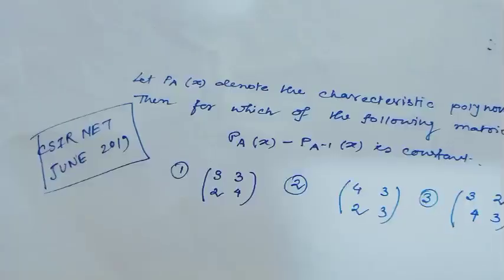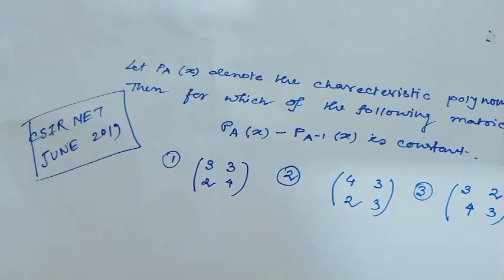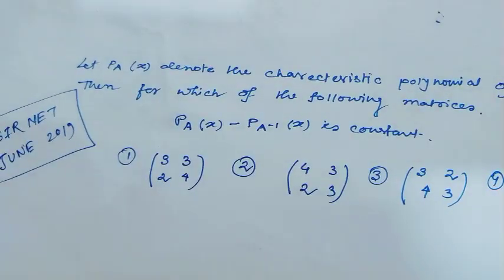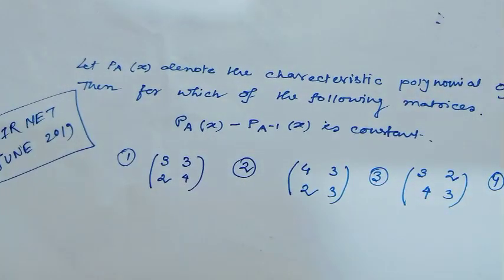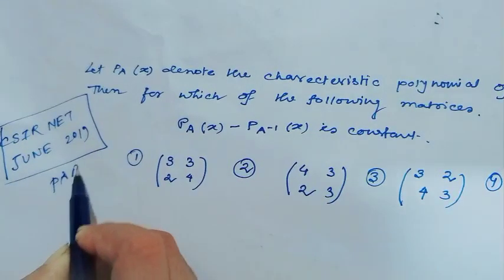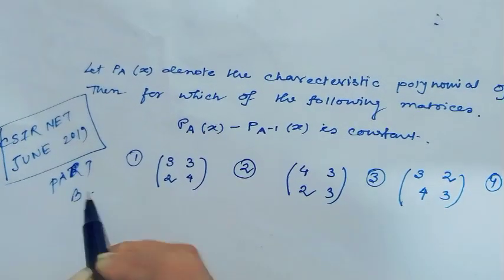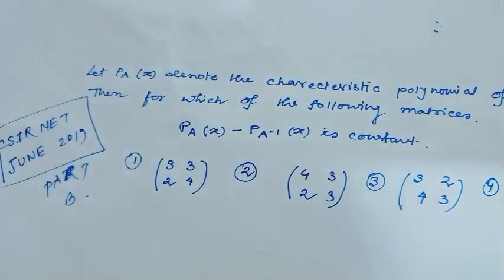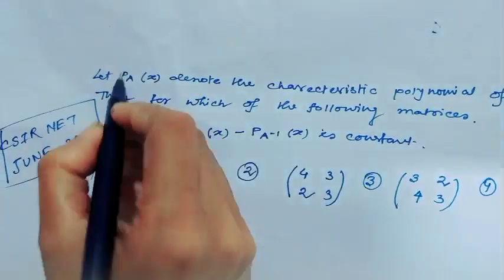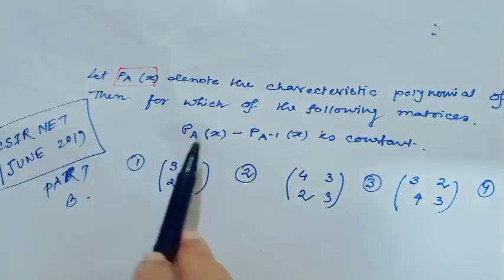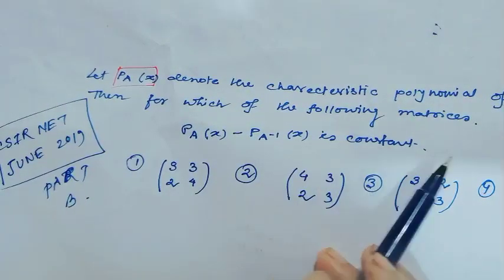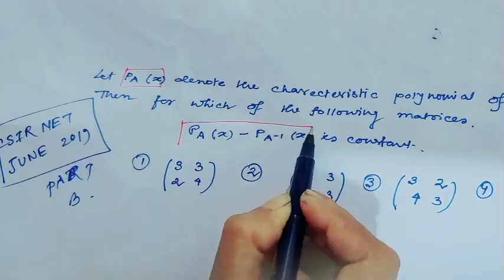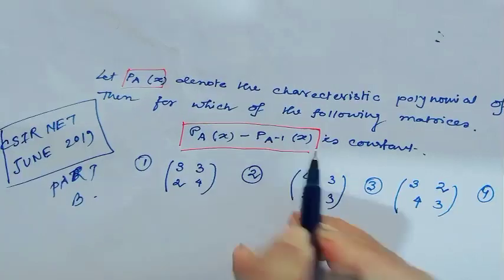Now I will see one question which had come in the CSIR NET 2019 exam. This is a basic question, and it is a part B question. The question is: p_A(x) denotes the characteristic polynomial of a matrix. Then which of the following matrices is such that p_A(x) minus p_A inverse(x) is constant?